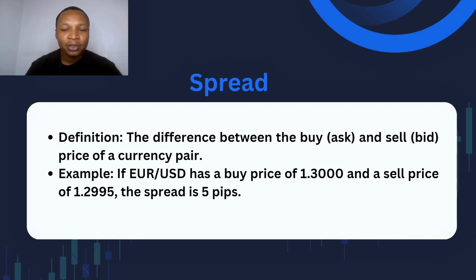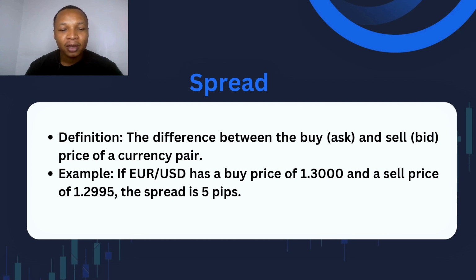If the buy price or the ask price of Euro USD is 1.3000, that means if I want to sell Euro USD, the broker is willing to buy it at 1.2995. I hope you understand. I'll repeat it again. If I want to sell Euro USD, the broker is willing to buy it at the bid price.